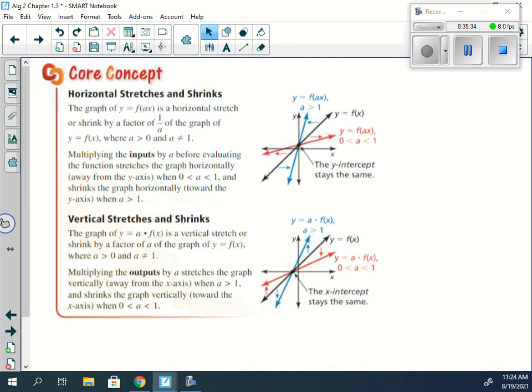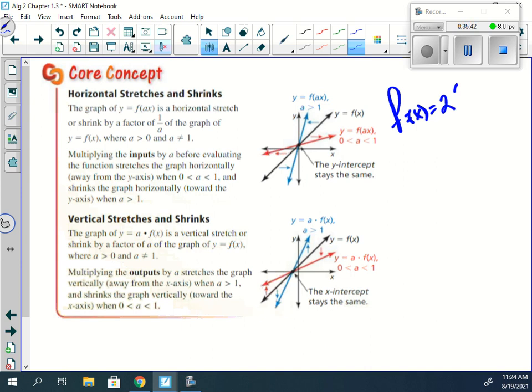Because when we look at a function, even if they told us that f of x is equal to 2 times 3x squared, the 3x inside, the 3 would be our horizontal stretch or shrink, but it wouldn't be denoting it with the 3. It would actually be what? It would be 1 over 3.